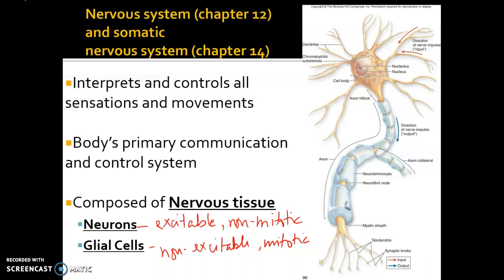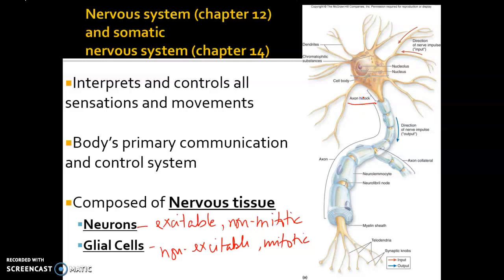Therefore, let's review. We know the cell body, we know the dendrites, we know the long axon. Dendrites receive information, the cell body integrates the information, and the axon carries action potential towards a downstream neuron or towards a muscle. Now, look at the junction of the cell body and the axon. At the junction, you do see a structure called the axon hillock.